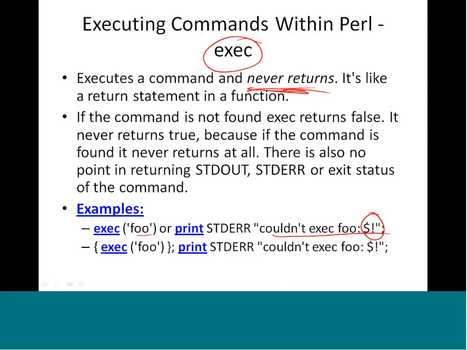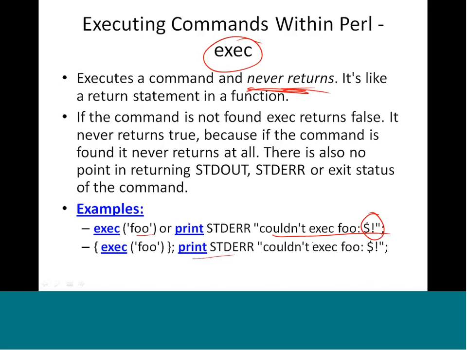The other way to run exec is to enclose the whole statement within curly braces, and then if this returns 0, it goes into the next statement, which says that it's not able to execute. So exec pretty much finishes a program. Once you run exec, it just comes out of that program.